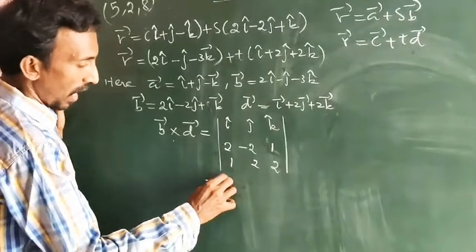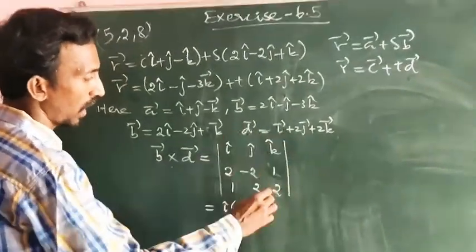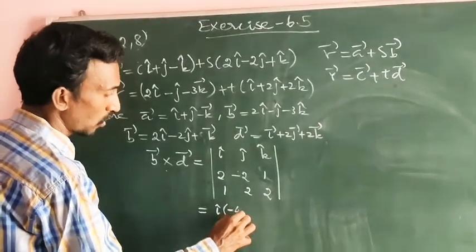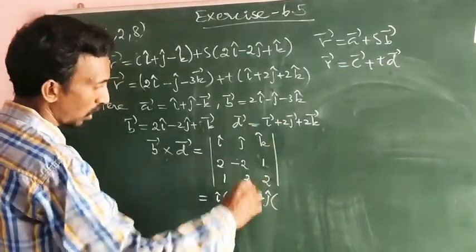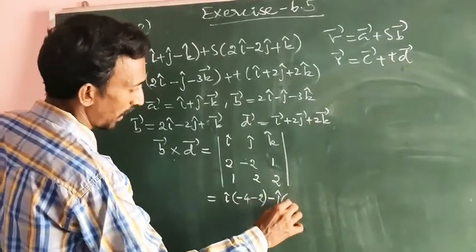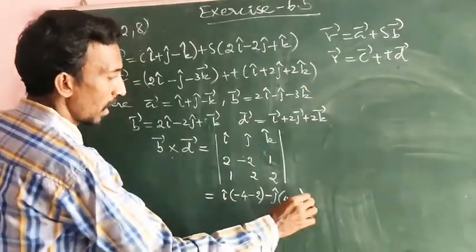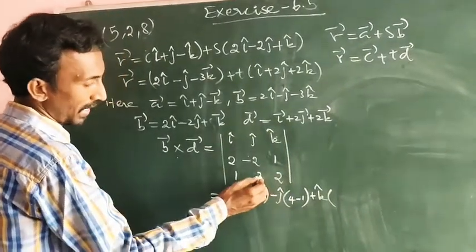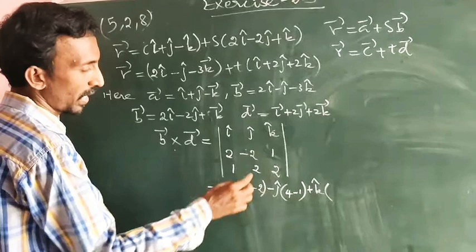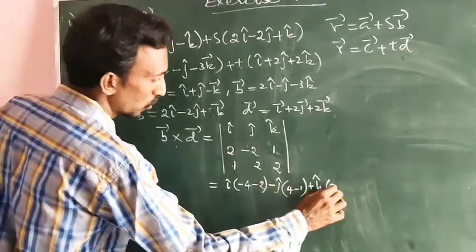First row i vector into (delete that row and column) minus 4 minus 2, minus j into (delete that row and column) 4 minus 1, plus k vector into (delete that row and column) the remaining cross product 4 plus 2.